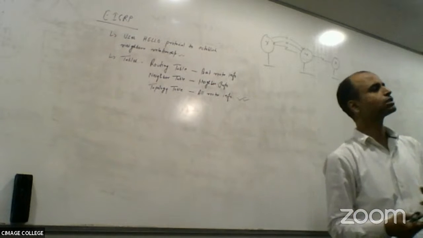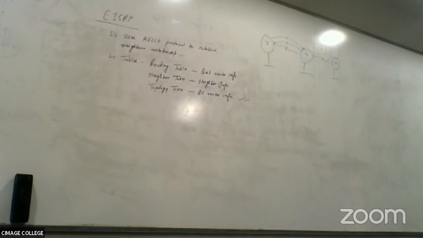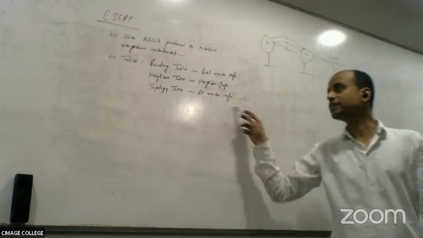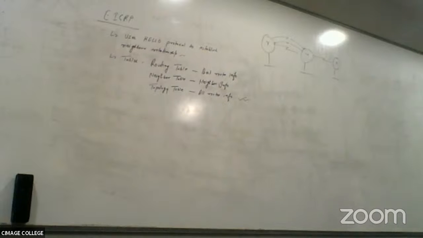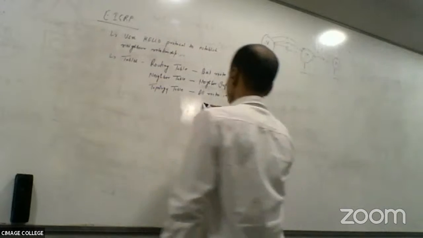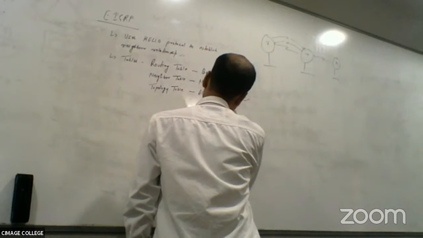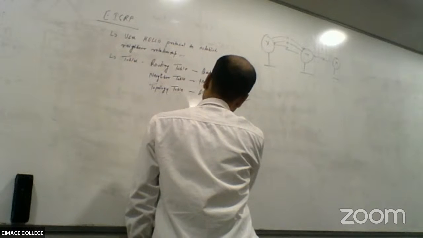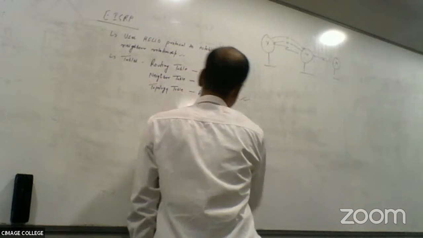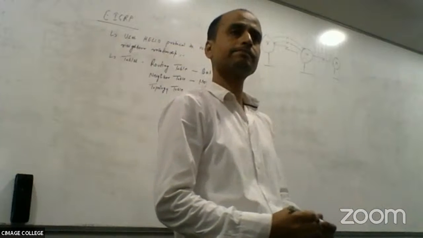But in case of EIGRP, it keeps information about all routes in the topology table. With the help of this table, it will switch from the best route to the second best route. That's why this routing protocol is very good. Its network downtime is less.